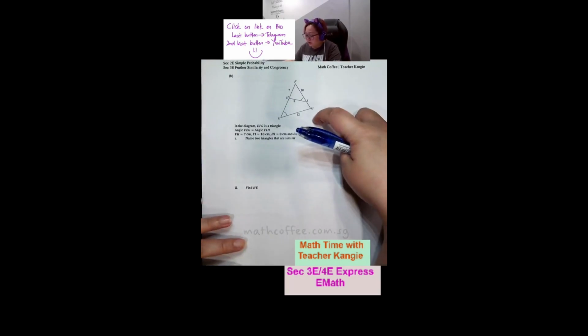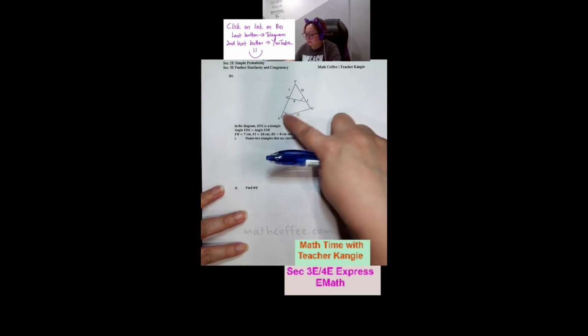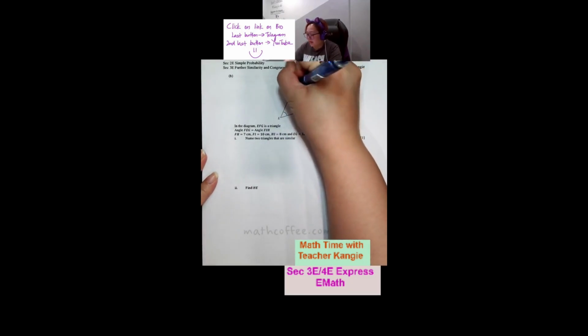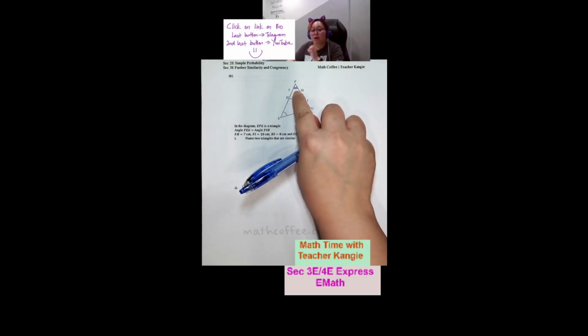So in this question, I'm already given one angle is the same. Okay, and the trick is this angle here is called a common angle. What is called common angle? Common angle means two triangles are sharing the same angle. If they're sharing the same angle, in other words, their angle is the same. So the reason is called common angle.